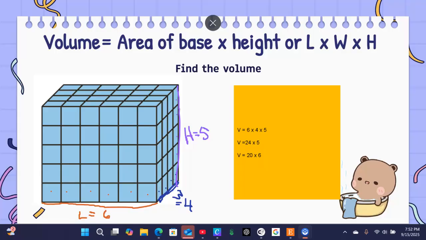Okay, again, one color per expression. Now, another way that we could write this is V equals 6 times 5, and we know that 6 times 5, that equals 30, and that would be 30 times 4.